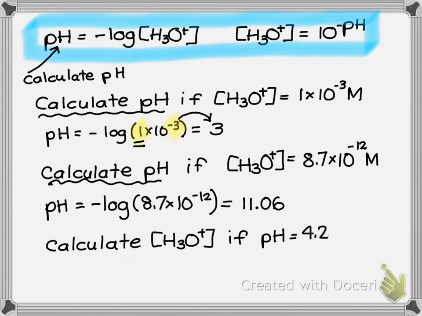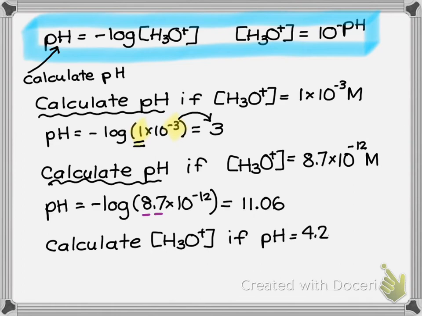Now, you may say, well, why didn't you just say 11, or why didn't you just say 11.1? Now, if you wrote down 11.1 on the exam, I'd give you credit. But the convention for how we write pHs, we decide how many decimal places we're going to go based on our coefficients. So the coefficient had 8.7, so there were 2 digits in the coefficient.